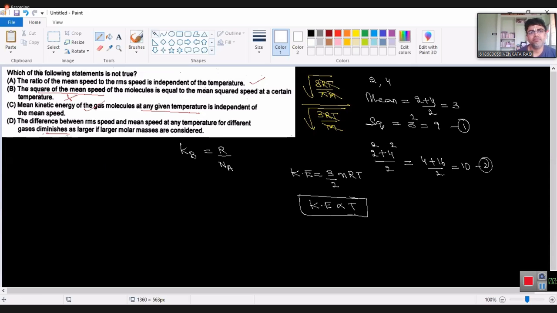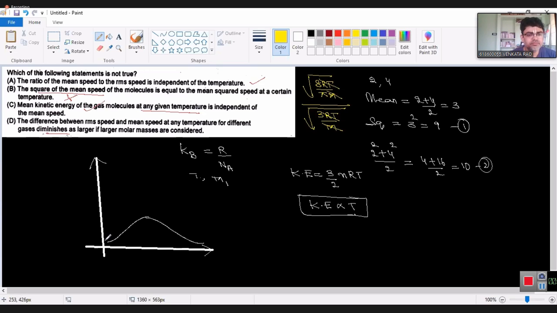Look at the graph. Maxwell distribution of molecular velocities graph, if you consider. At a particular temperature T, I got a graph like this, and let the molar mass be M1. And the yellow color is at the same temperature T, but molar mass is M2, and M2 is greater than M1.